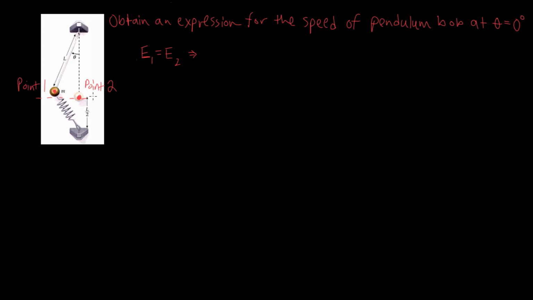And so let's write down a potential equals 0 line. This dashed line I just drew is the potential equals 0 line. What this means is that this is the line at which the potential energy of the pendulum equals 0.